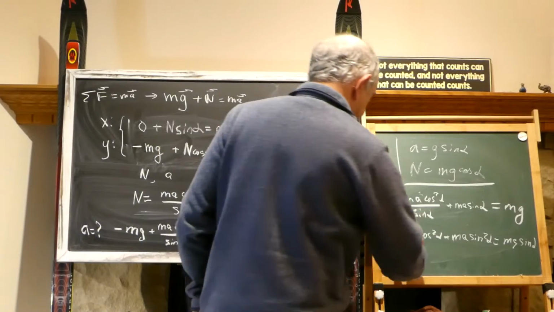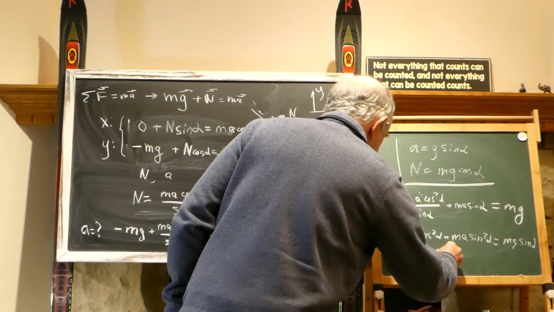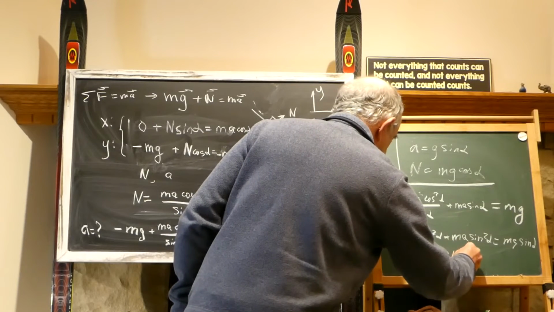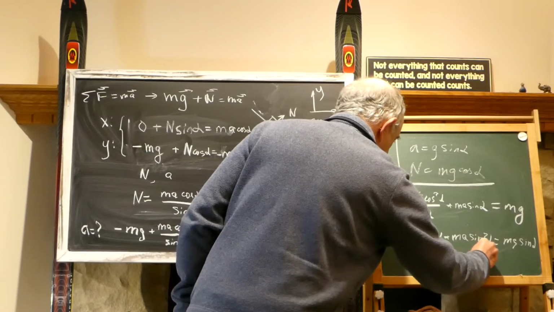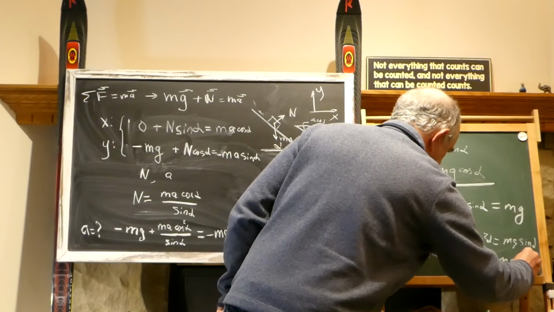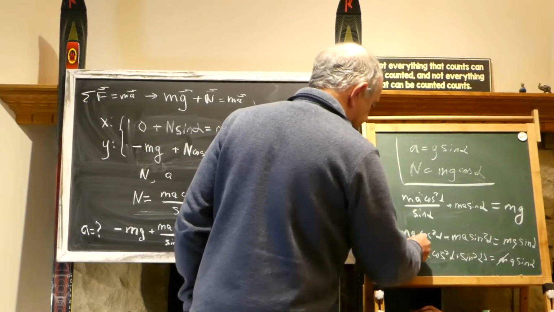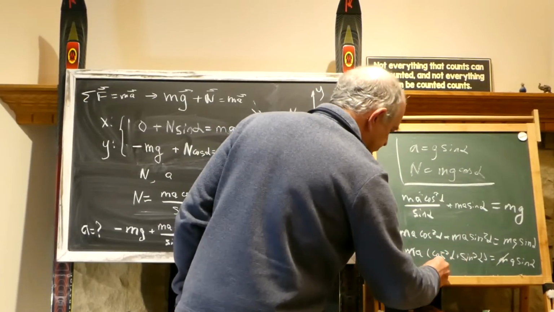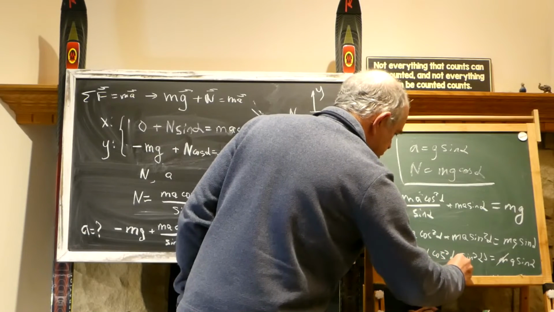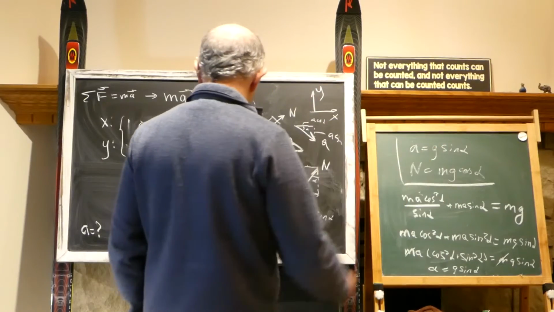Pretty straightforward. I factor out ma. I receive cosine square plus sine square, which is 1, equal mg sine alpha. And m is gone. This is 1, and we have a equal g sine alpha, which is this.